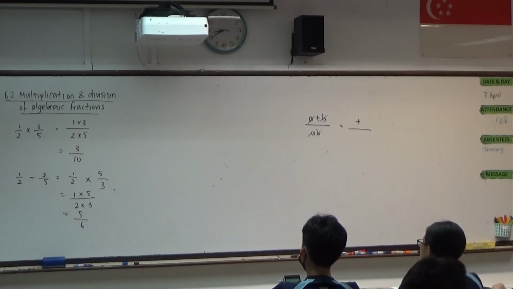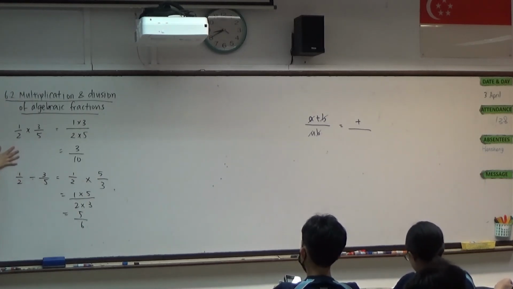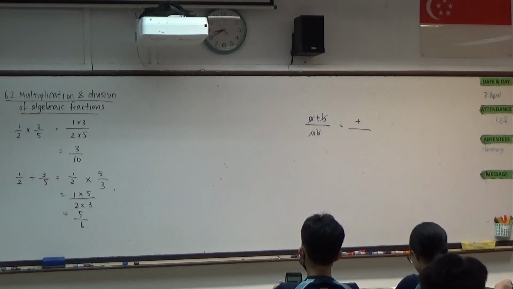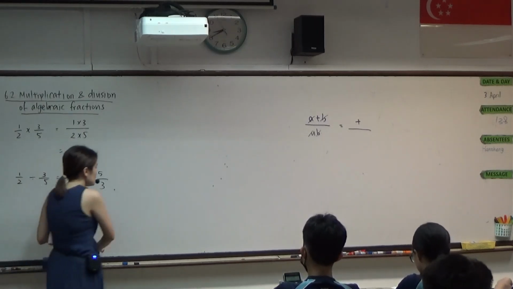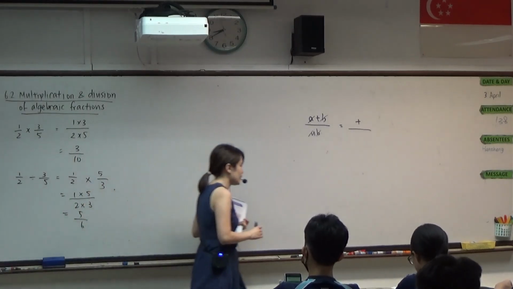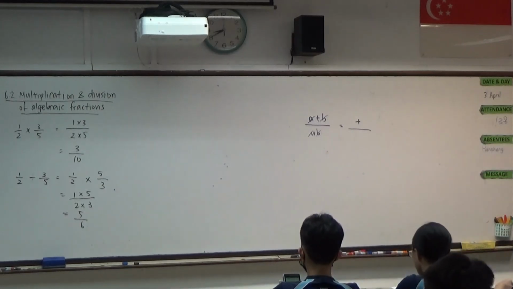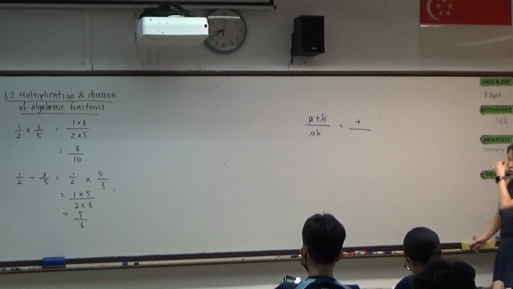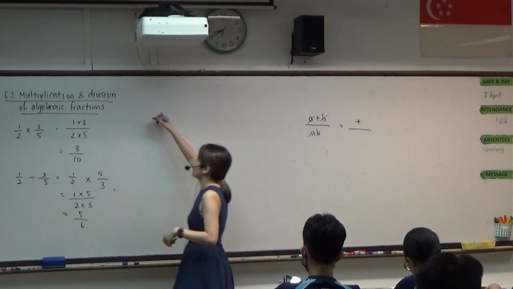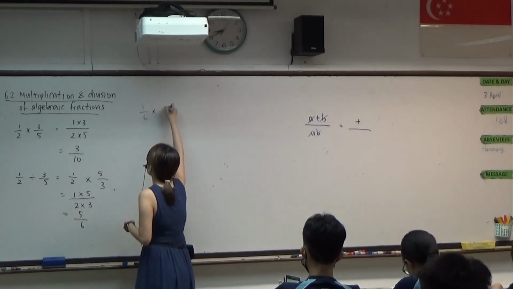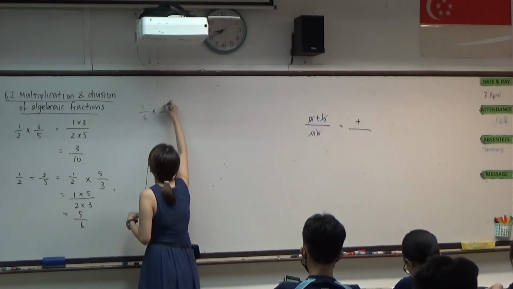However, there are certain occasions where I notice students tend to get confused. For example, if I have 1 over 6 times 5 over 6.